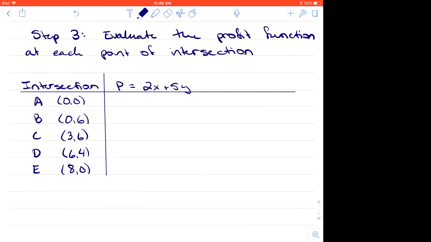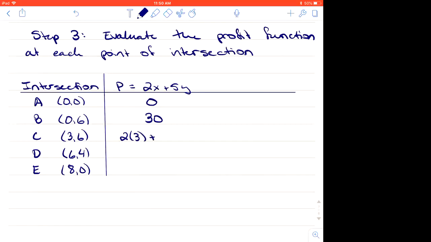So when x is 0, y is 0, we get a P of 0. When x is 0 and y is 6, we get a P of 30. Right? And when x is 3, I'll just write it out because this one's not that obvious. We get 6 plus 30, 36.